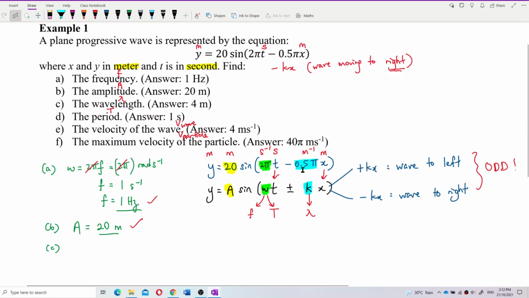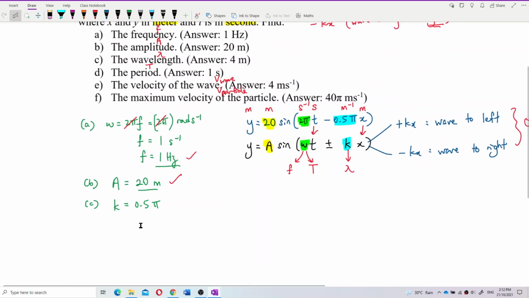My wavelength, I can find from my wave number k. My k is 0.5 pi. Now what's the formula for my wave number k? My k is actually 2 pi over lambda. It's a ratio, 2 pi over wavelength.